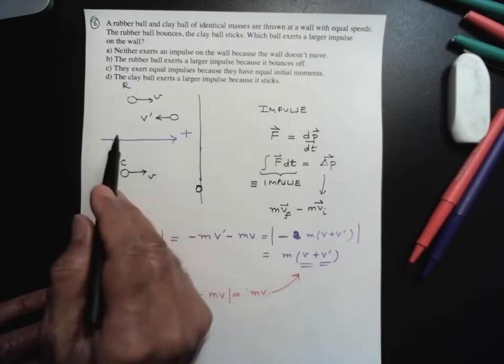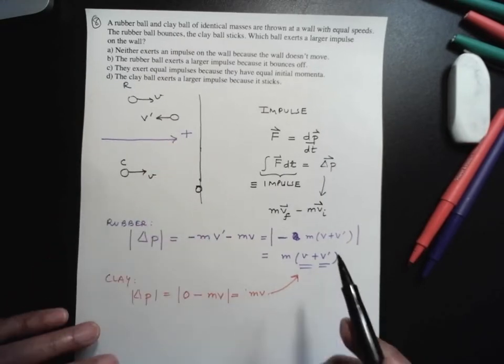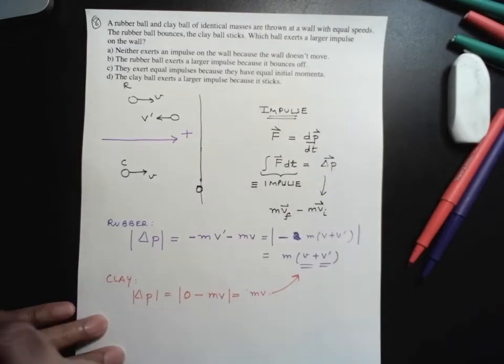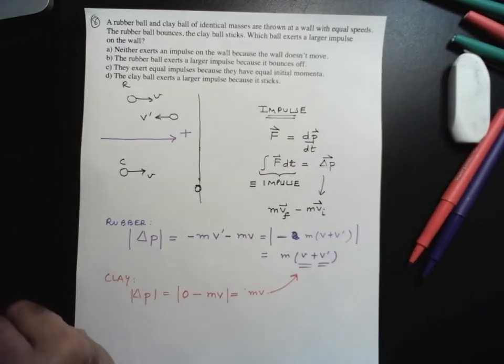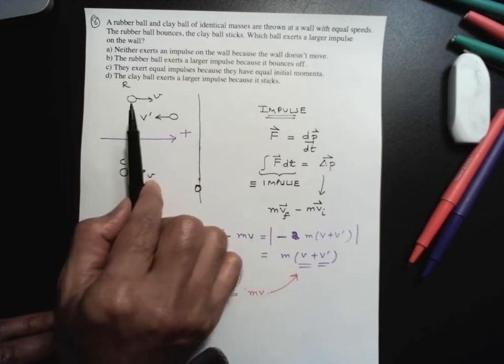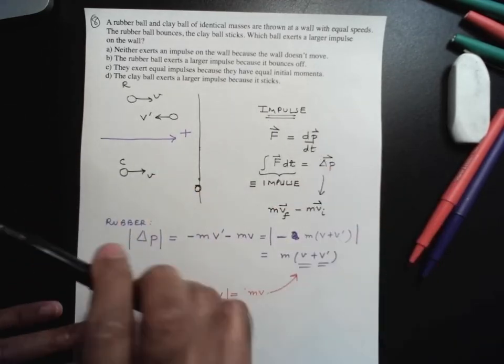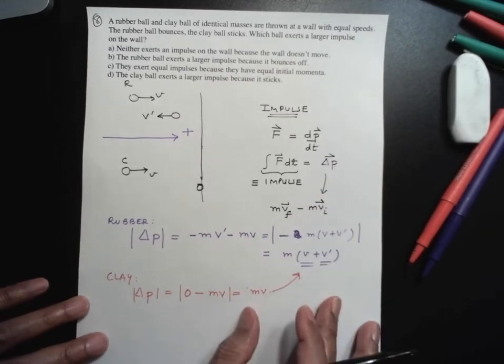Because the rubber ball bounced back, it has a larger change in momentum, which means the impulse is larger. The impulse from the wall on the ball and from the ball on the wall is the same on each other.